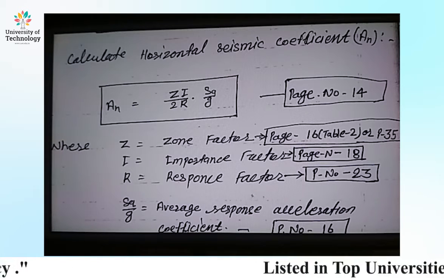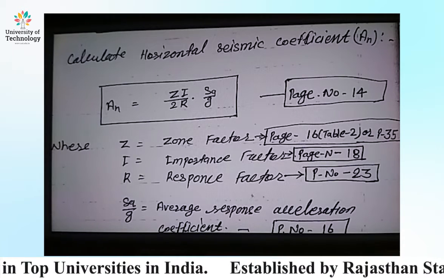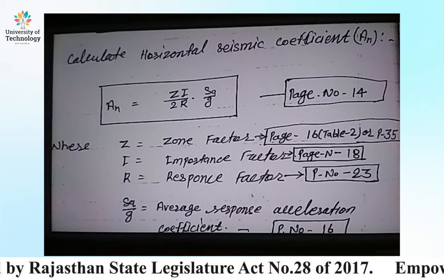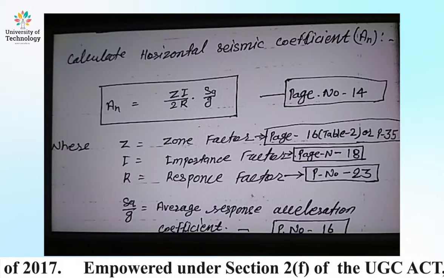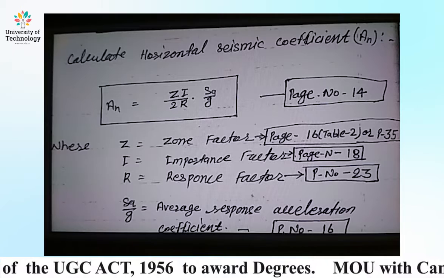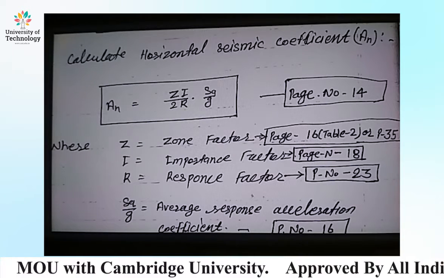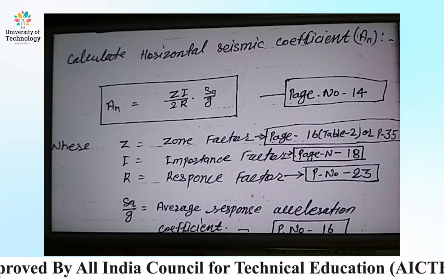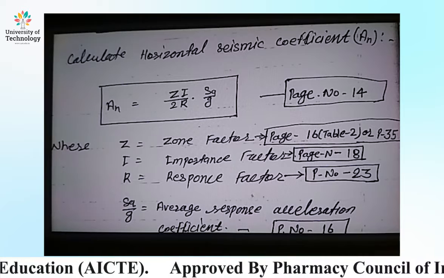Z is the zone factor, and it is given on page number 16, Table 2, or on page number 35. There are two places where it is available. Capital I is the importance factor, given on page number 18. Capital R is the response reduction factor, given on page number 23.